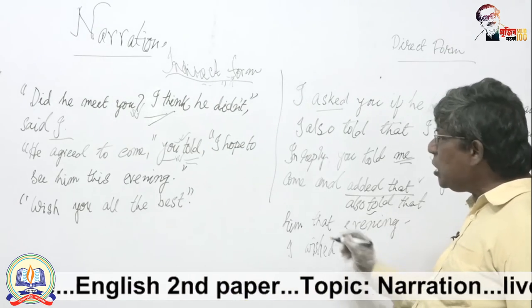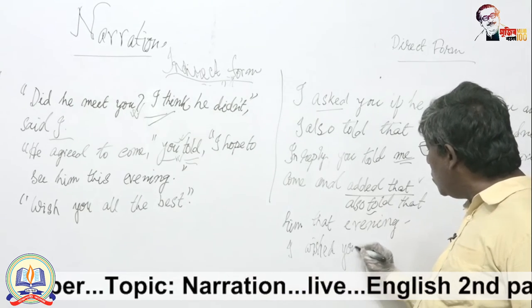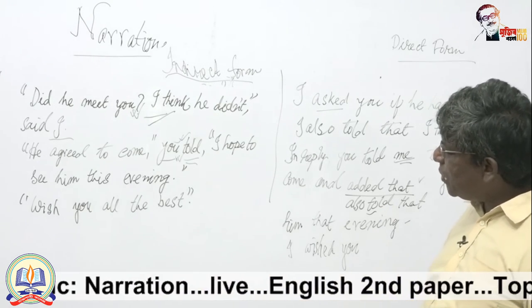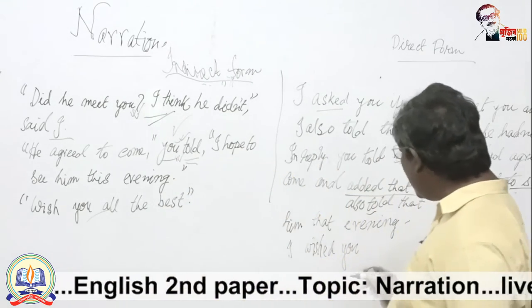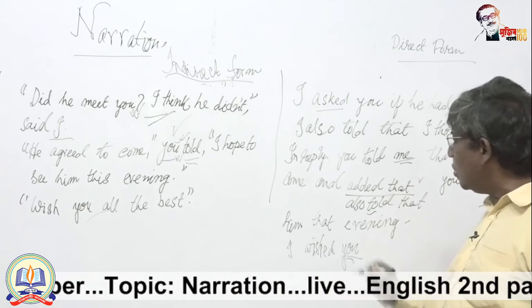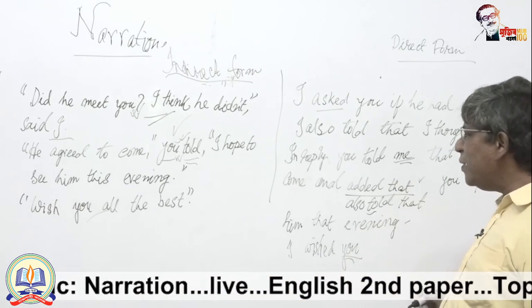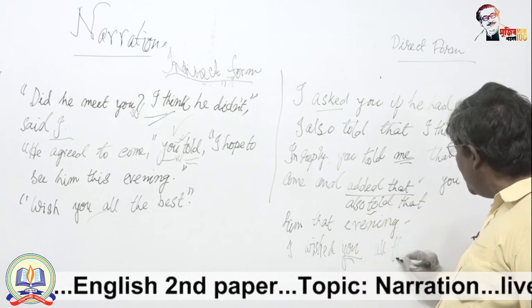I wished you. You will remain unchanged because this you refers to this you, and they both will make a single identity of you, the listener you. I wished you all the best.